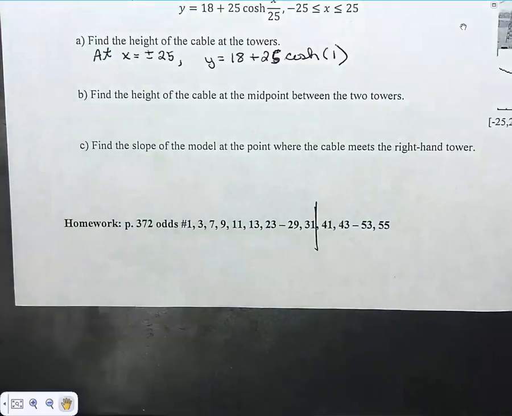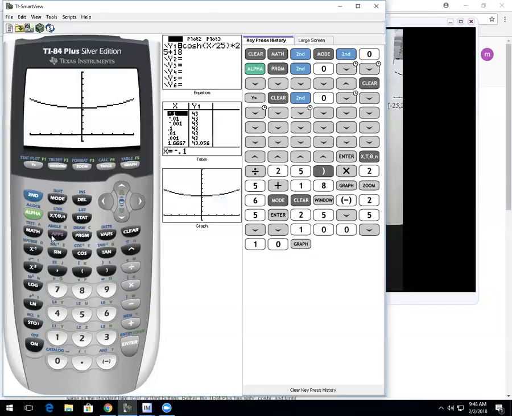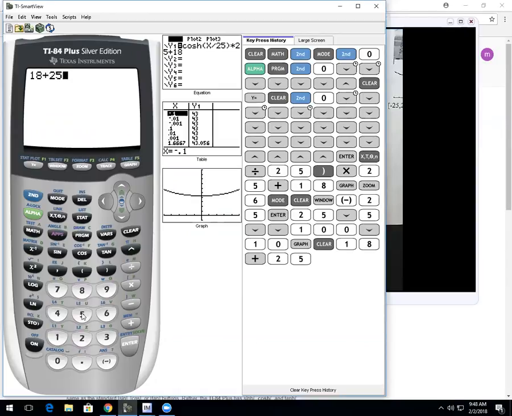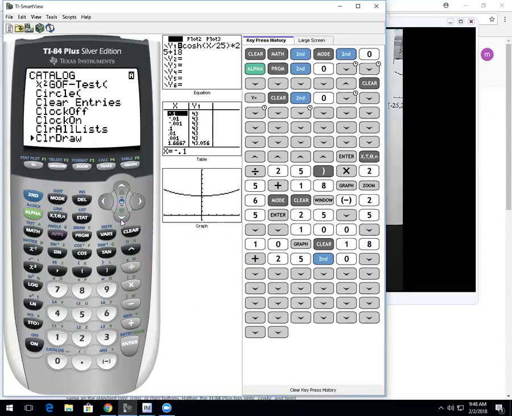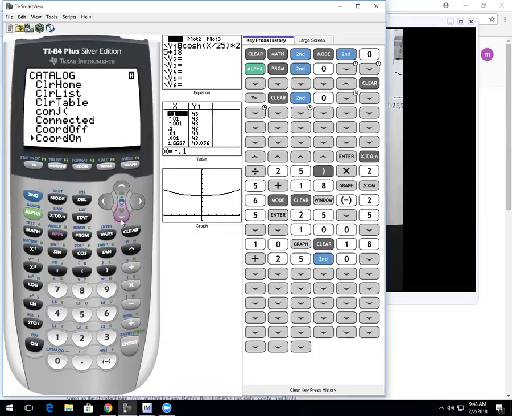So to evaluate that on the calculator, and let's say I didn't have the graph, let's just show that it gets the same thing. If I couldn't trace the graph, how would I find it? I would say 18 plus 25 cosh 1.